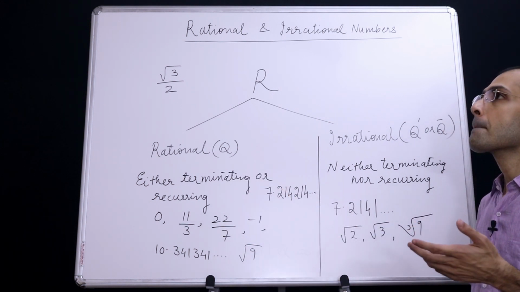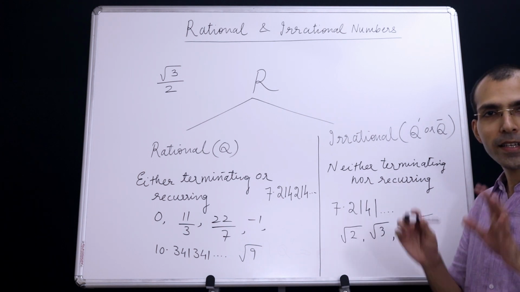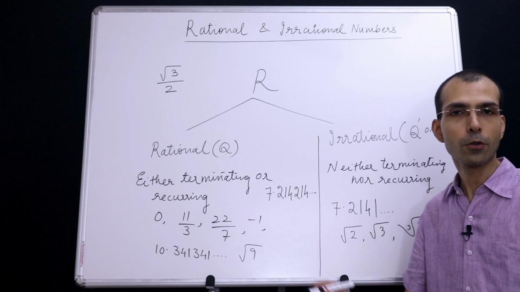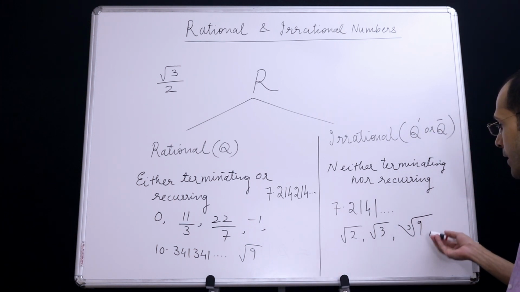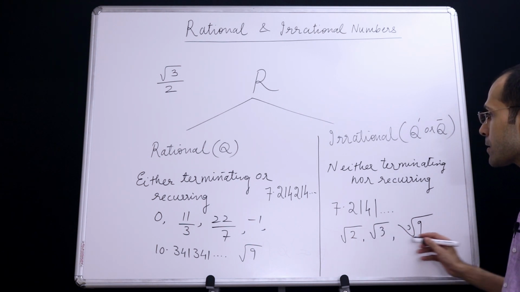Cube root of 125, that is 5, that is again terminating, so it is rational, no problem.